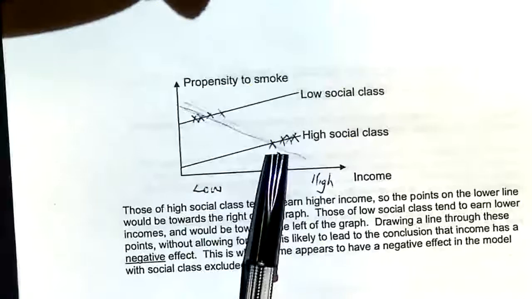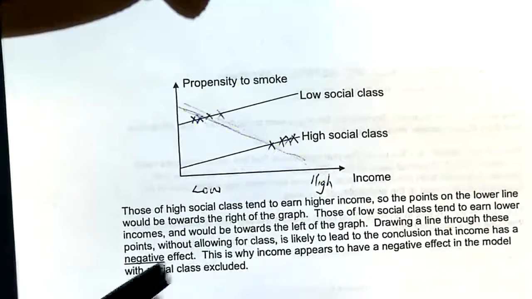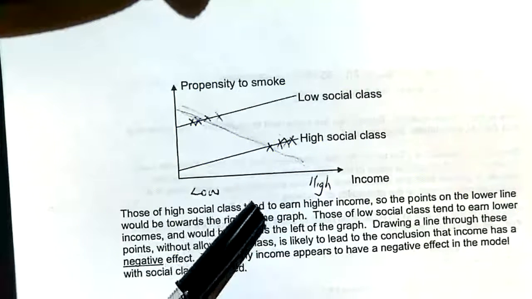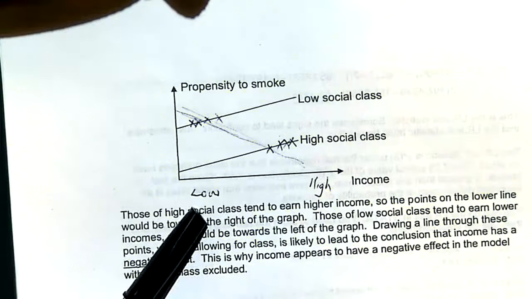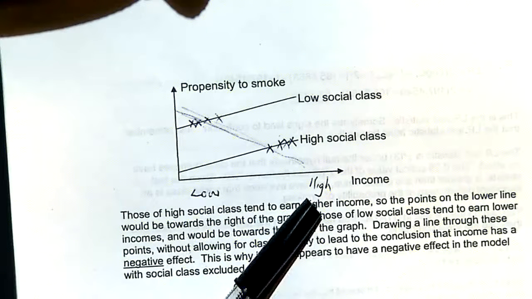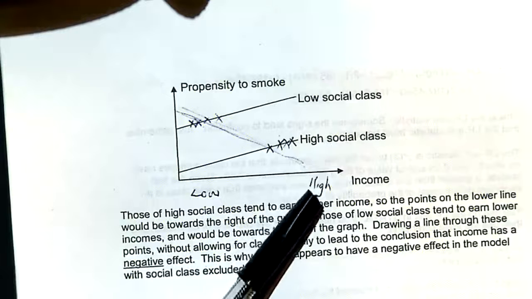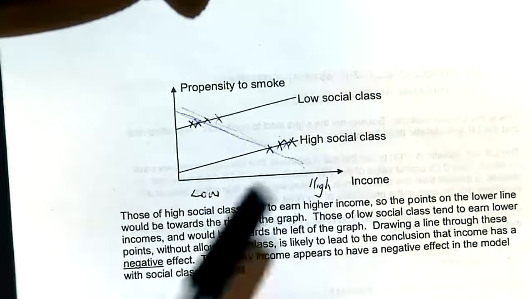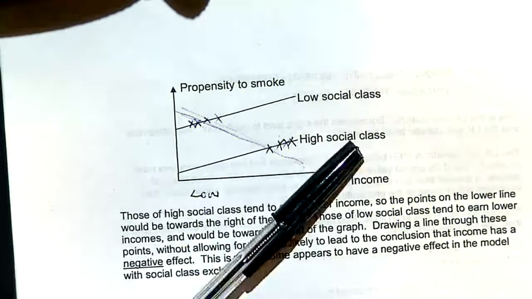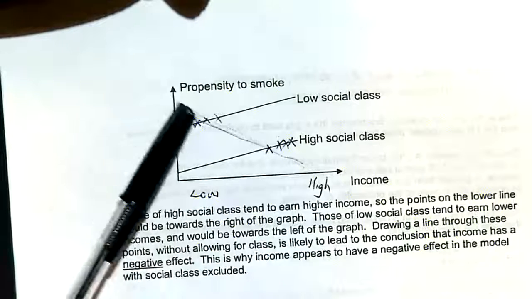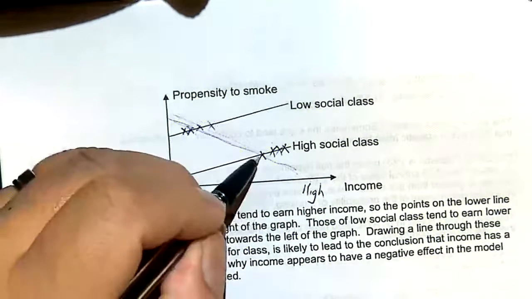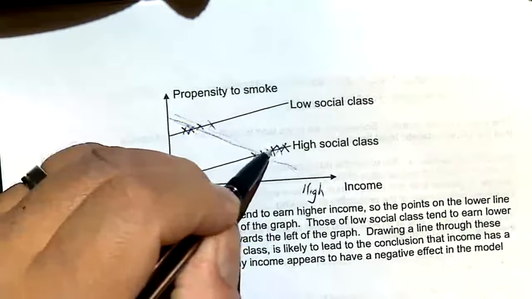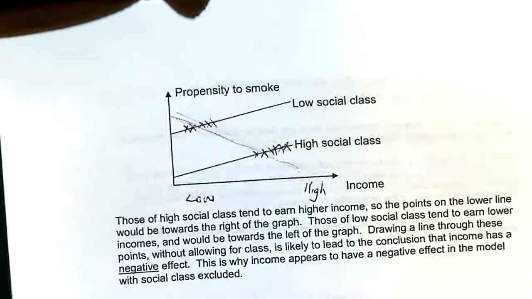But the majority of the observations are likely to be for the low social class in the low income range, and for the high social class in the higher income range. And that's why when you don't include social class in the first model, we got a negative effect. Okay? I have no idea how difficult that might be to say in an exam, but that's what you want to try and show.